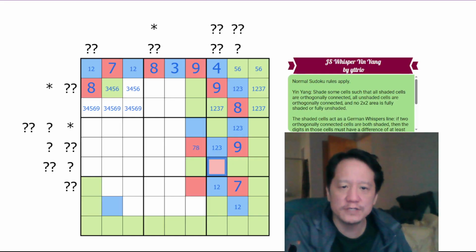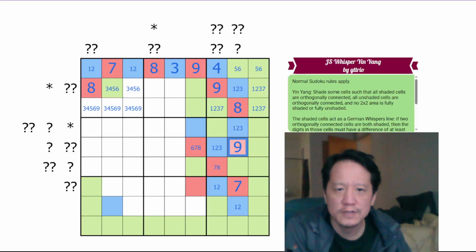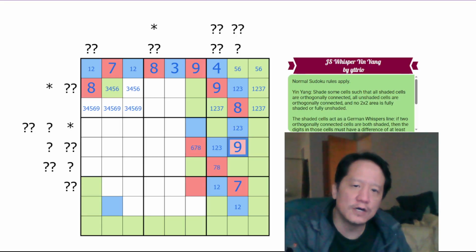This is 7 or 8. I guess this could be 6 also. This is next to 2 unique digits on a Whisper 5 line, so it's 7 or 8. Remaining digits in column 8 are 4, 5, and 6.